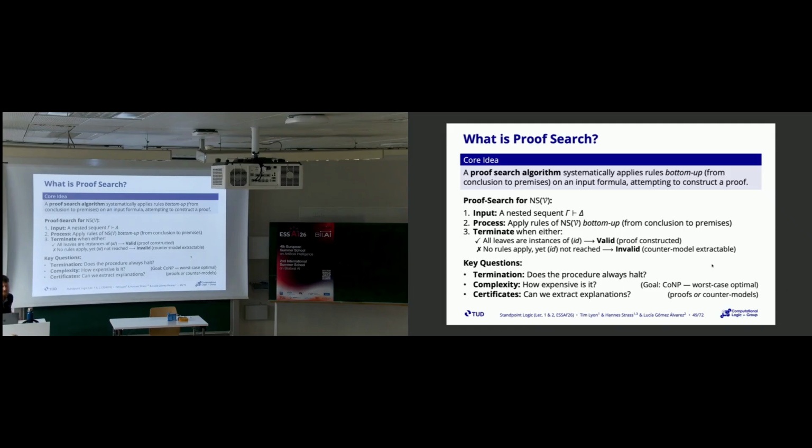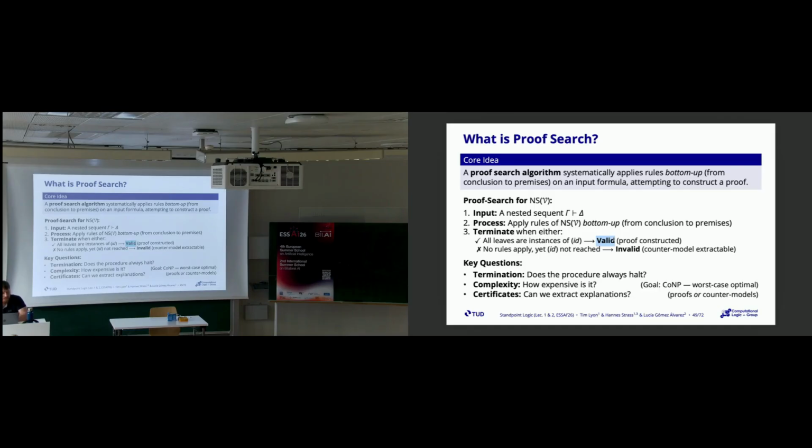In a proof search algorithm, what we do, as I've alluded to before, is take a formula as input and bottom-up apply rules from a calculus to it with the goal of trying to construct a proof. So in our case, we will take a nested sequent as input, and we will apply rules bottom-up to this nested sequent. If we are able to construct a proof, then the proof search algorithm will terminate and output the value valid or true, because we have a proof of the input, so we know that it is in fact valid by the soundness of the proof system.